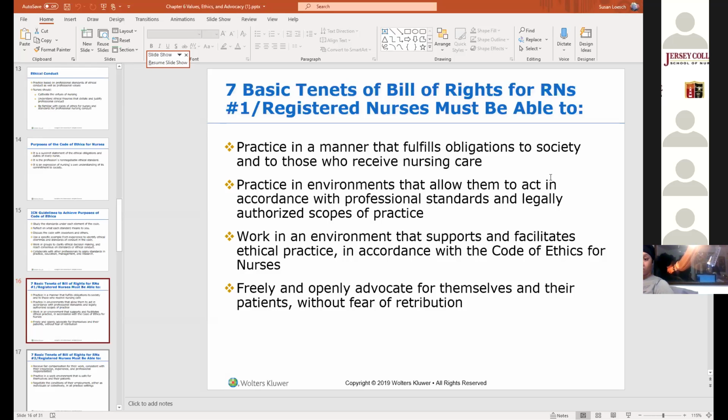Now they're actually advocating for that patient, and they're not worried about the retribution from doing that because they understand that their patient could die. That would actually cause more retribution if you didn't tell. Most of the time, most facilities are fairly forgiving as long as you're not under the influence or doing something crazy like that, and you're following the guidelines and you just make a mistake. It's when people don't follow policy and procedure and go along and start making mistakes that they tend to get themselves in trouble.